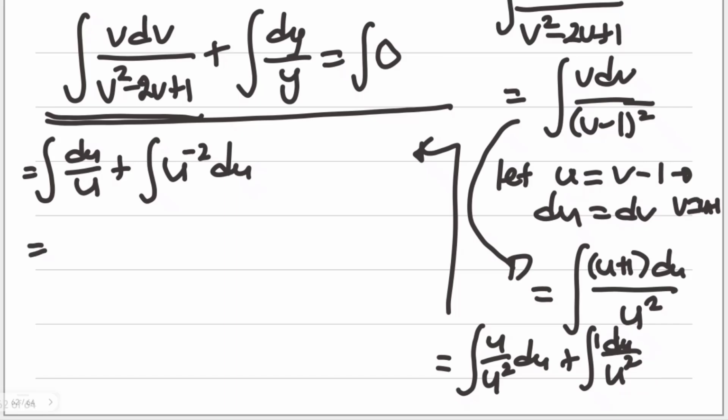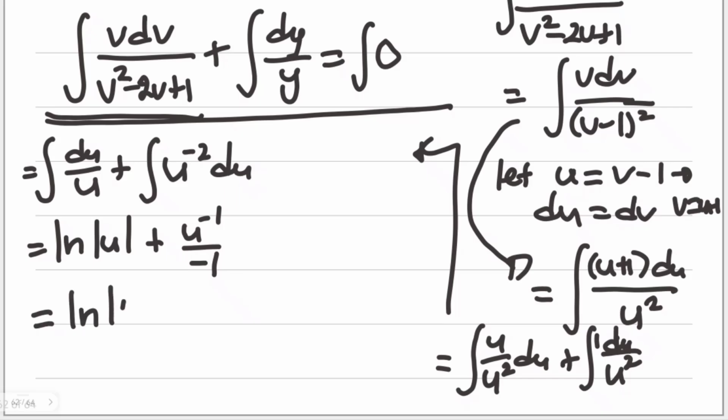So the integral of both would be equal to the natural logarithm of u, and then plus the integral of this, which is equal to u to the power of negative 1 over negative 1. Or this is entirely equal to the natural logarithm of u, then plus 1 over u.